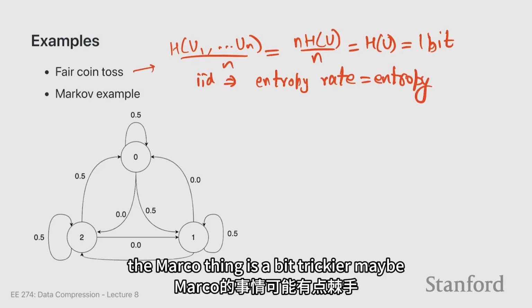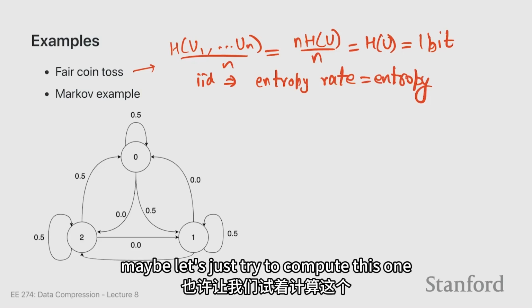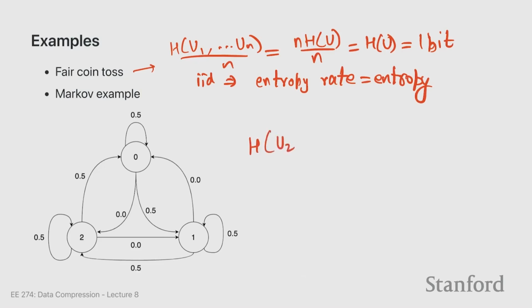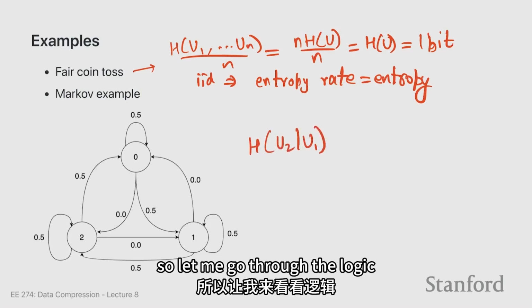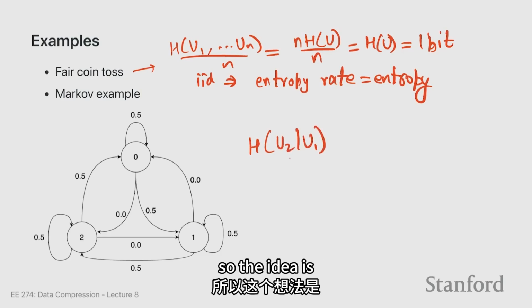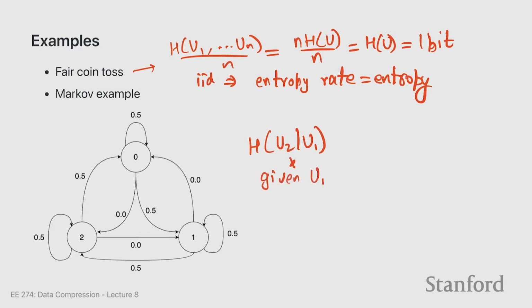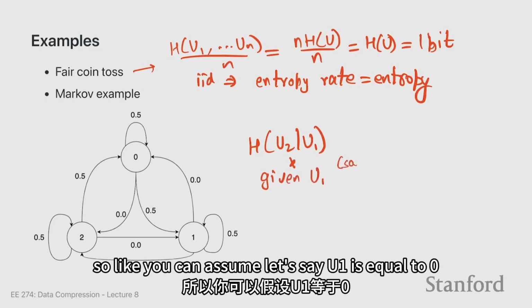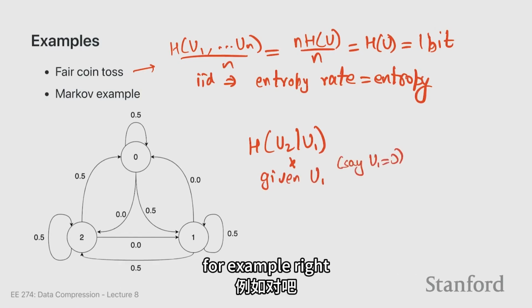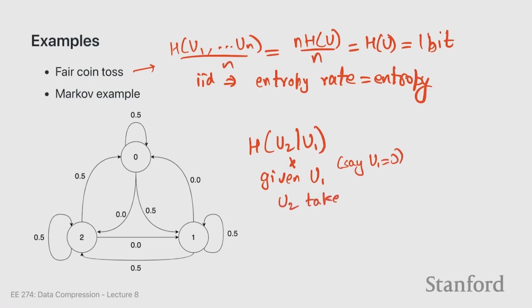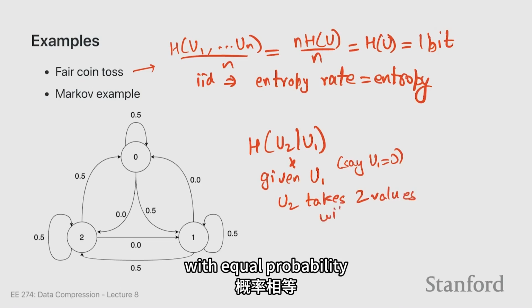The Markov thing is a bit trickier. Maybe let's just try to compute this one. So let me go through the logic. If you know U1, you can assume, let's say, U1 is equal to 0, for example. U2 takes two values with equal probability.